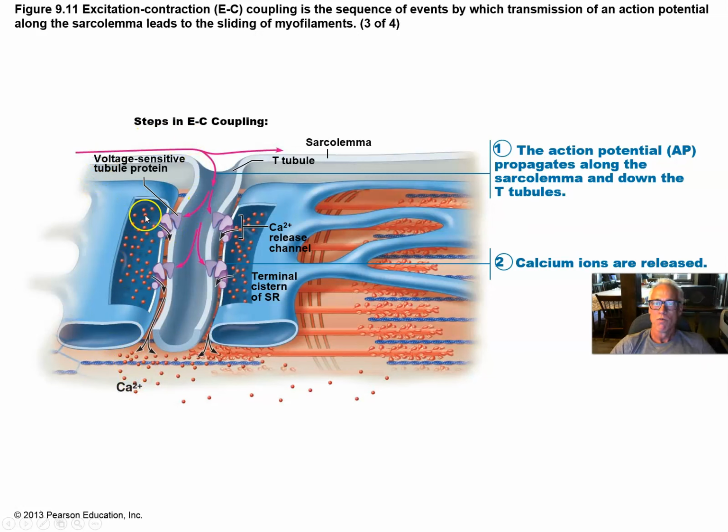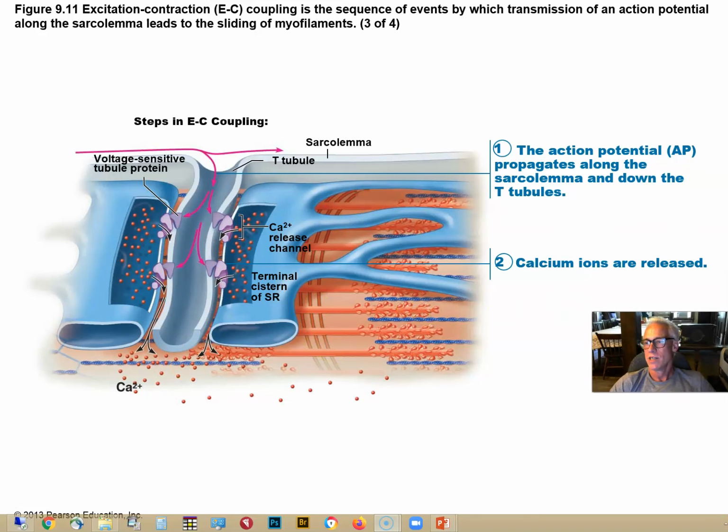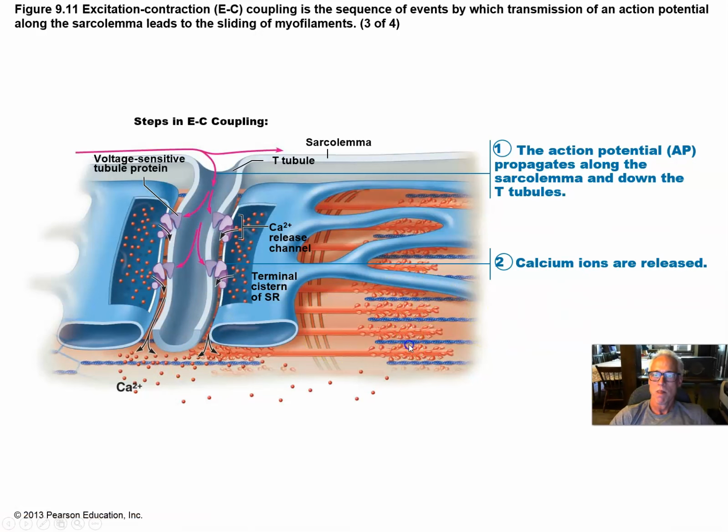So depolarization waves hit, calcium ions are released. So now we're getting somewhere. Calcium ions are the switch that activates the contraction of the muscle.